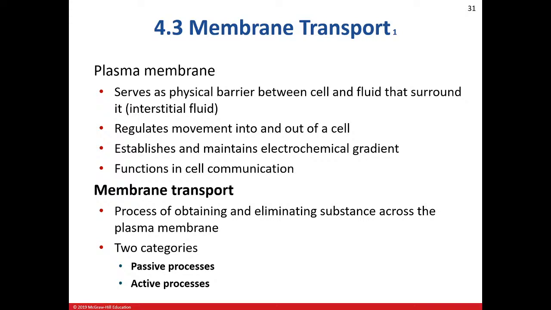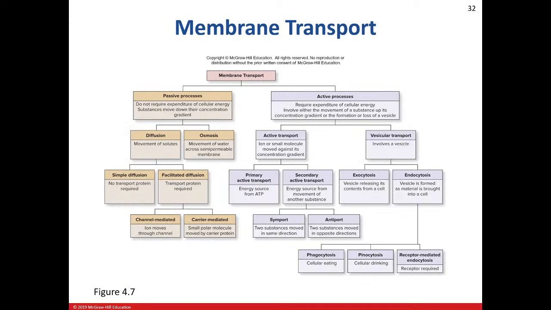So there are 2 categories of transport. They can be passive or active. All right. Now, for passive transport, this occurs without energy. Active transport requires energy. Okay, so passive transport includes diffusion and osmosis.